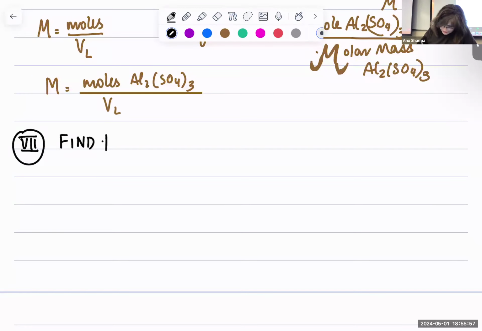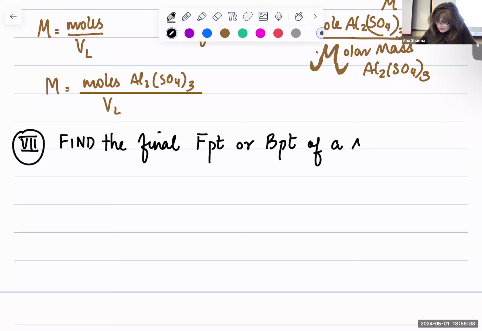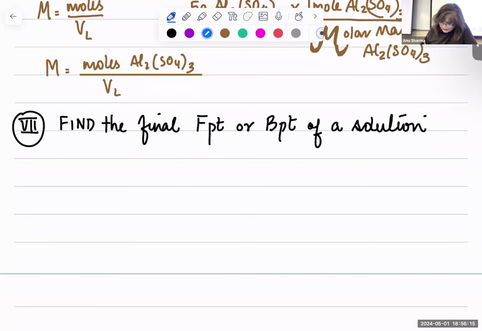Find the final freezing point or boiling point of a solution. So just make sure of a few things here. Use this formula: delta T_B or delta T_F is equal to i times K_B or K_F times m.